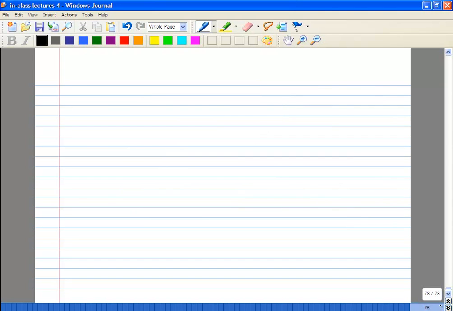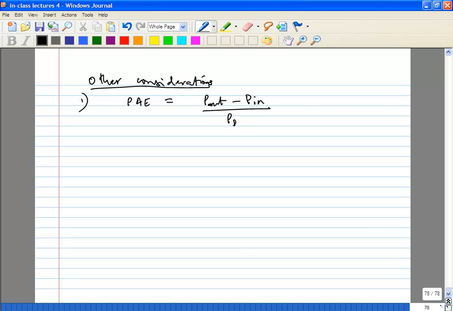So quickly, other design considerations. We talked about what is called drain efficiency, but you have a second definition called power added efficiency, defined as Pout minus Pin over PDC.